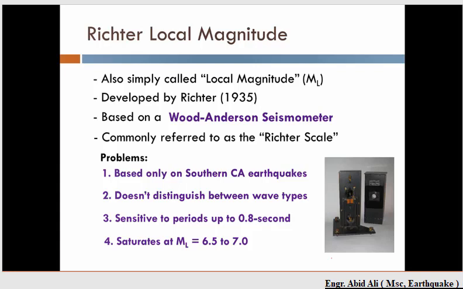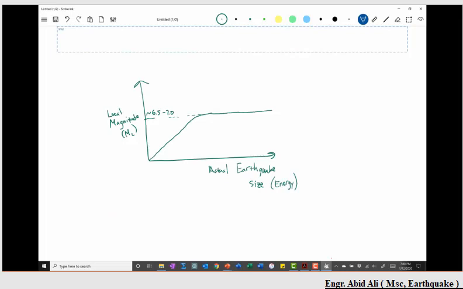And then the other thing was it saturated at magnitudes greater than 6.5 to 7.0. That would look like this. Here is the actual earthquake size or energy, and here is the local magnitude on the y-axis.